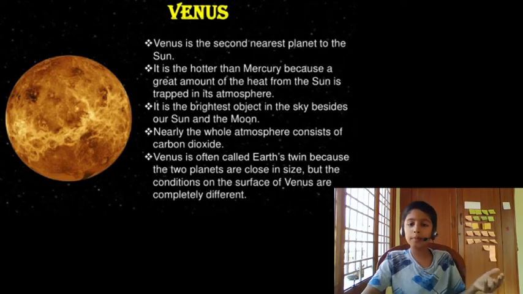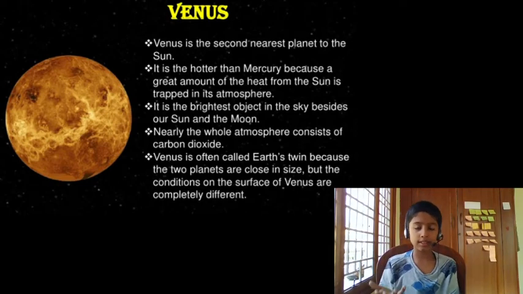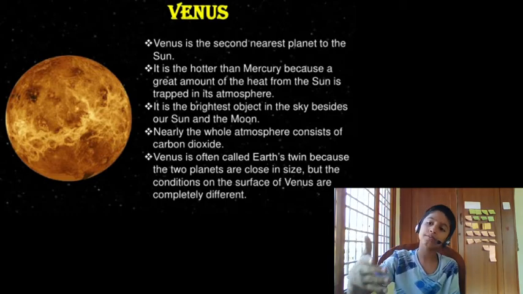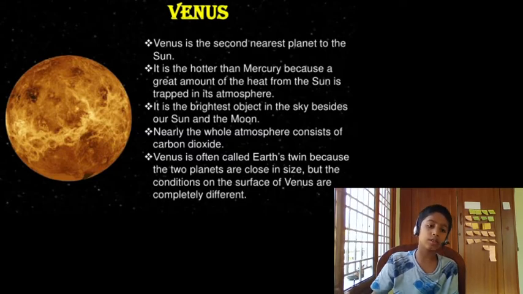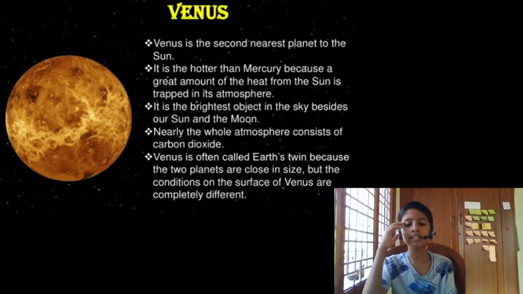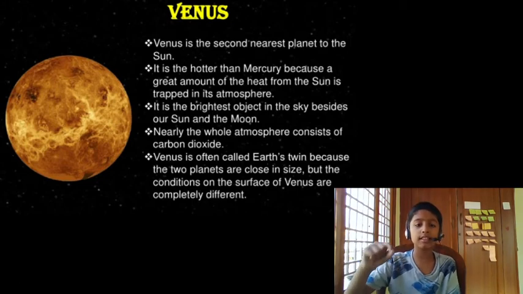I put Mercury, but it was wrong. I thought that the nearest planet would be the hottest, but the correct answer was Venus. Venus is surrounded by a blanket of carbon dioxide that traps the heat from the sun and makes it the hottest planet in the solar system.